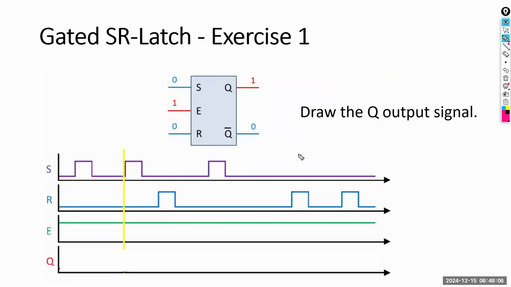Right. So draw the output. Now here enable is always one. Sometimes you feel like I have understood. You have understood, but in reality you have not understood because your brain sometimes cheats you. Because when you feel like you have understood, you don't have to think again.